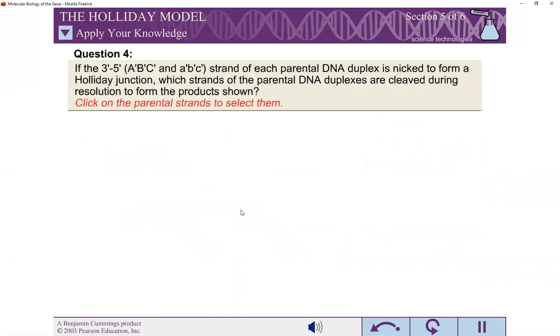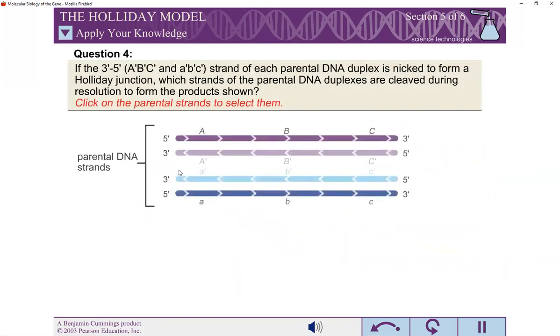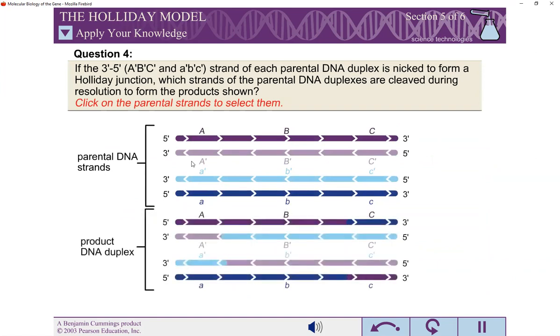Question 4. If the 3' to 5' strand of each parental DNA duplex is nicked to form a Holliday junction, which strands of the parental DNA duplexes are cleaved during resolution to form the products shown?